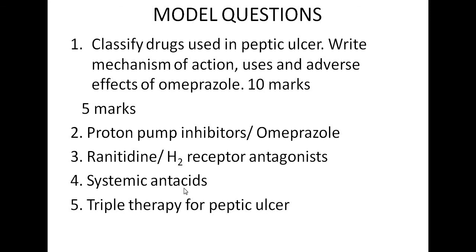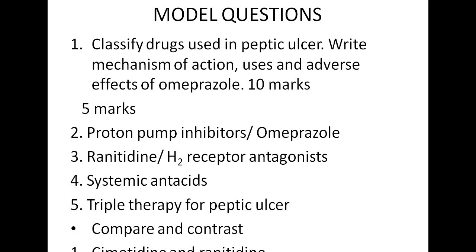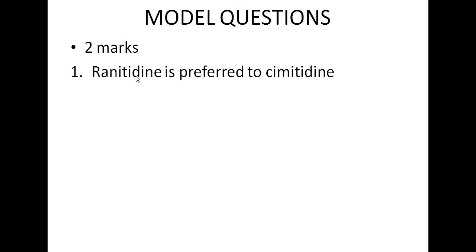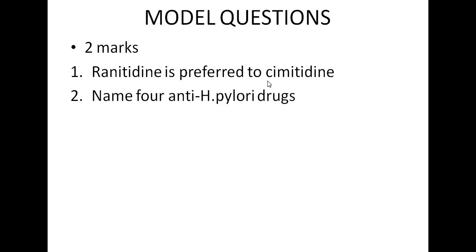So for this question, one needs to write what are the different drugs. That is 2 anti-H. pylori drugs and 1 proton pump inhibitor. Give 1 or 2 examples with the dosage and duration of treatment and the adverse effects. Compare and contrast, very commonly asked, are cimetidine and ranitidine. 2 or 3-mark questions include: why is ranitidine preferred to cimetidine, or what are the advantages of ranitidine over cimetidine?